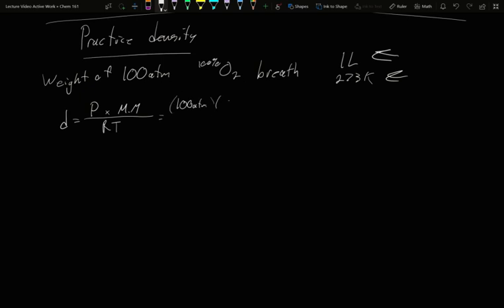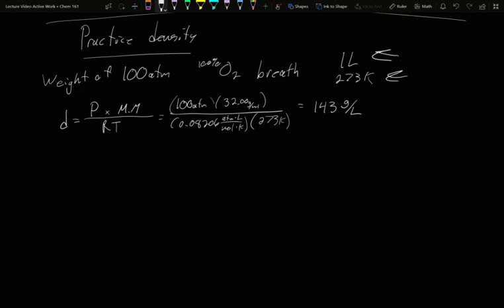It's dioxygen all the way through, so it is 32.00 grams per mole. R value in atmospheres is 0.08206, and 273 Kelvin. Want to calculate that out? 143 grams per liter.